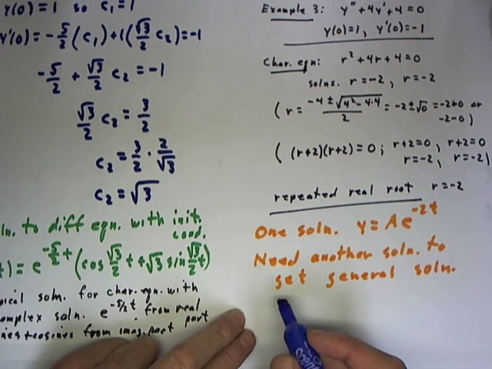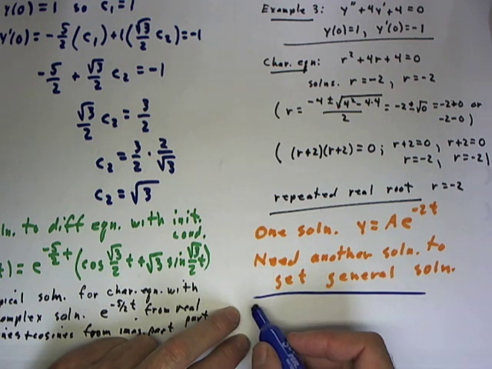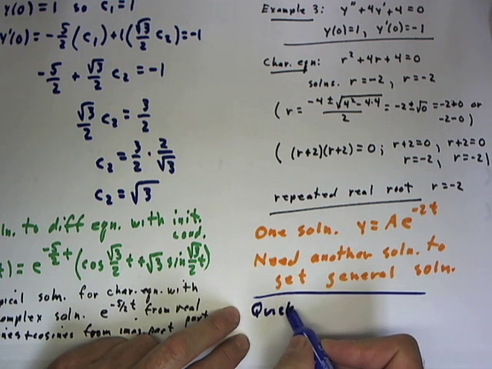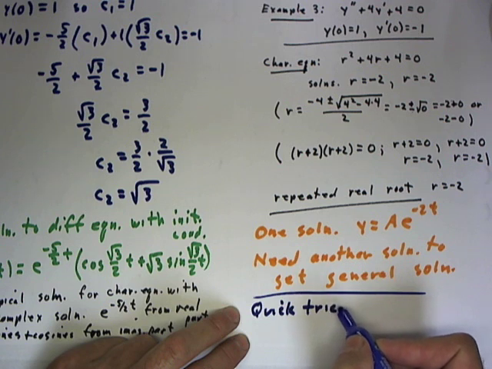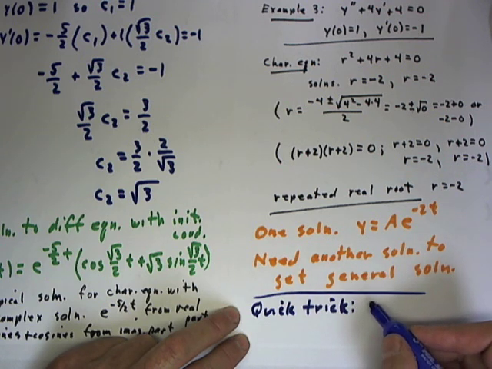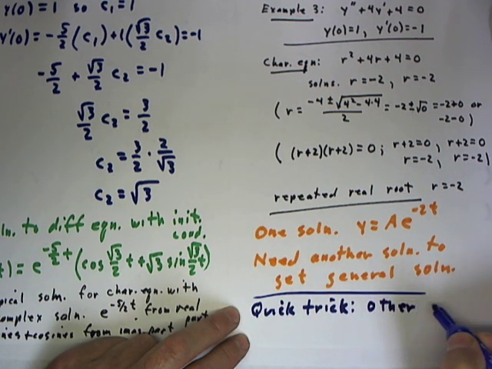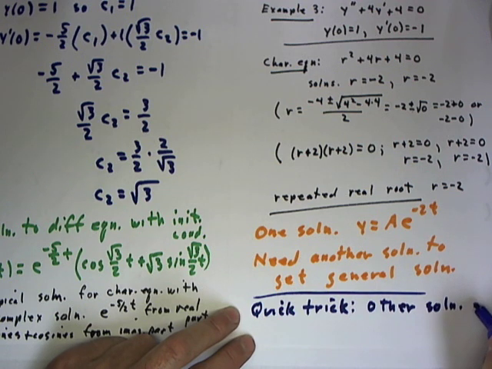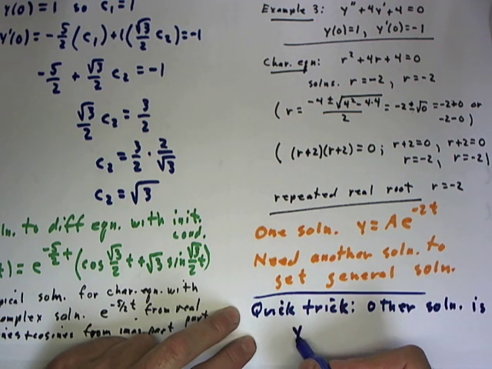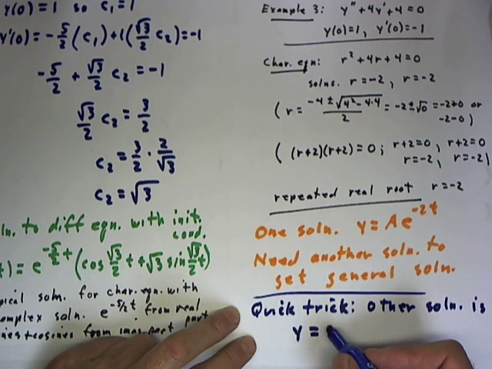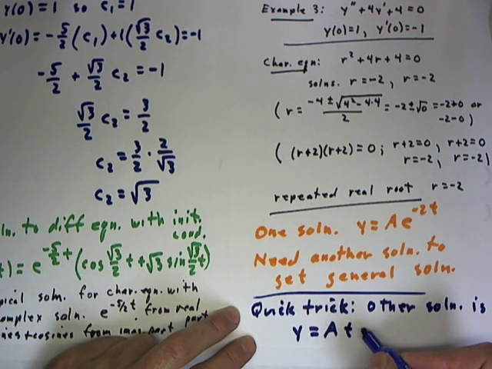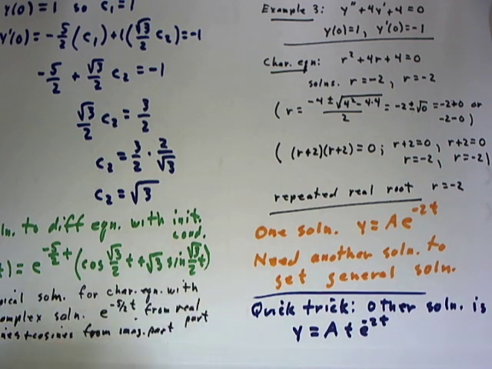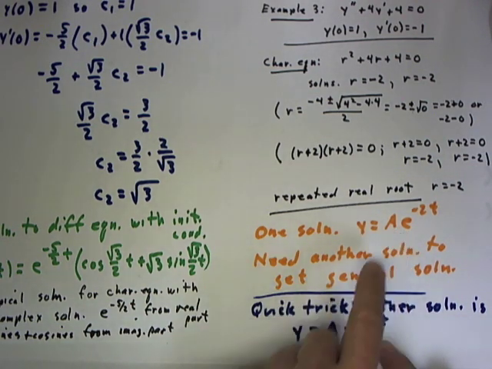Well, our quick trick gives the other solution as y equals a times t e to the -2t. That is, we just put a t into our solution.